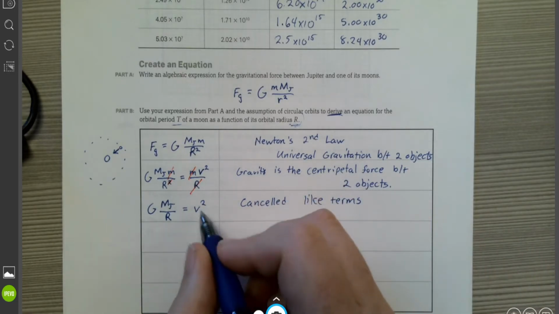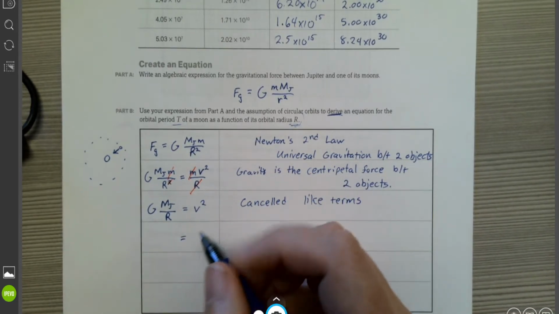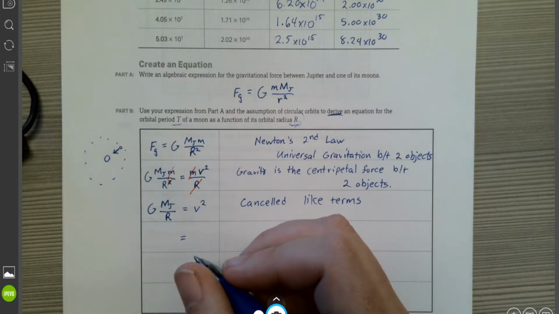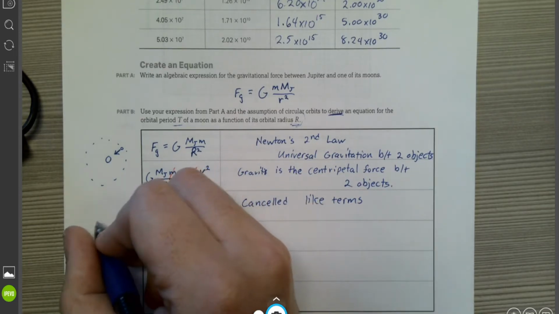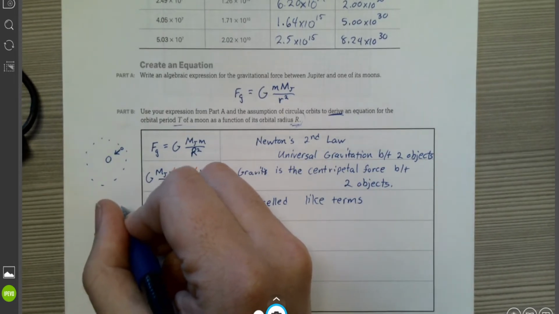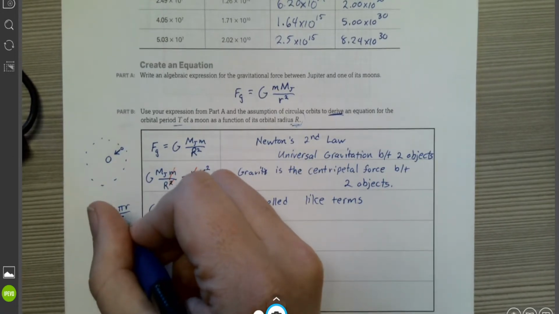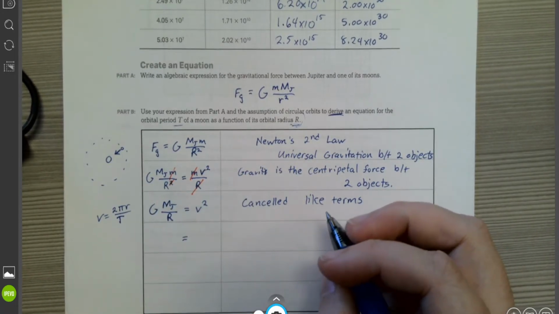So we're going to take this velocity and say that it's equal to 2 pi r over t. We know for a fact that the velocity around a circle is the circumference divided by the time it takes to go around that entire circle.